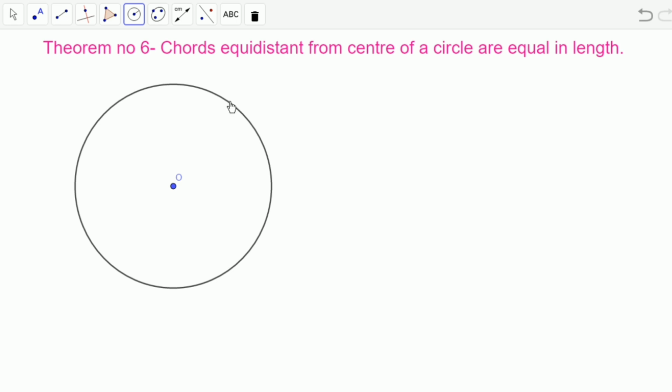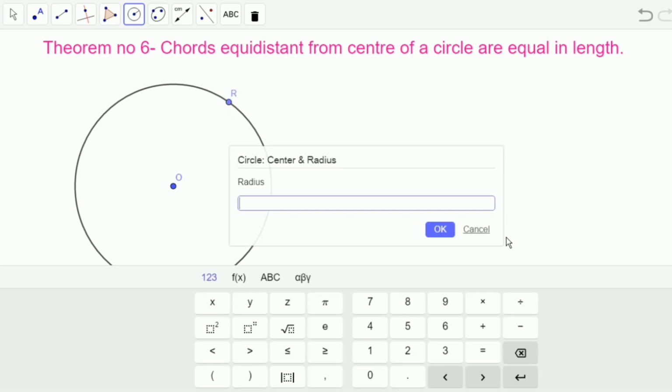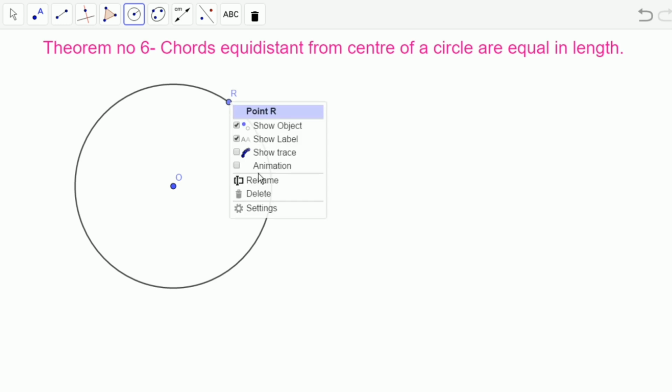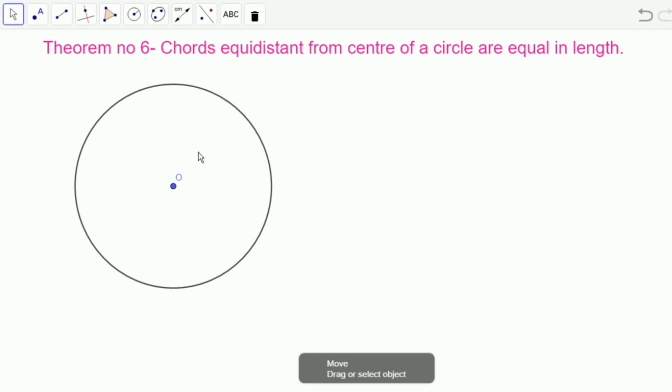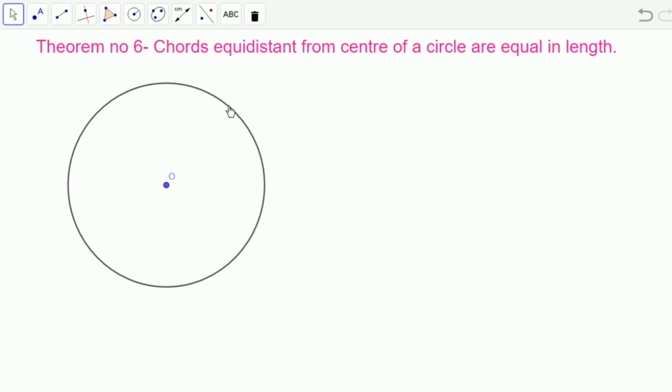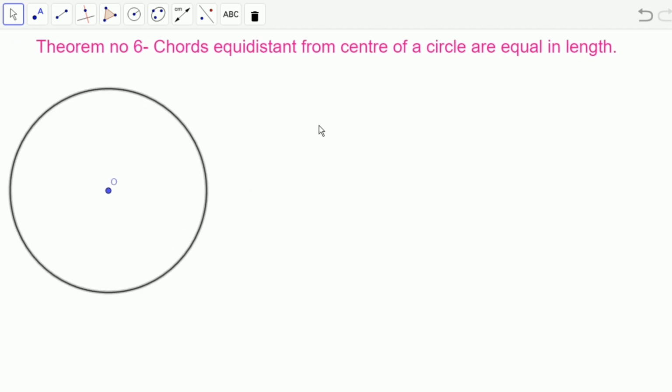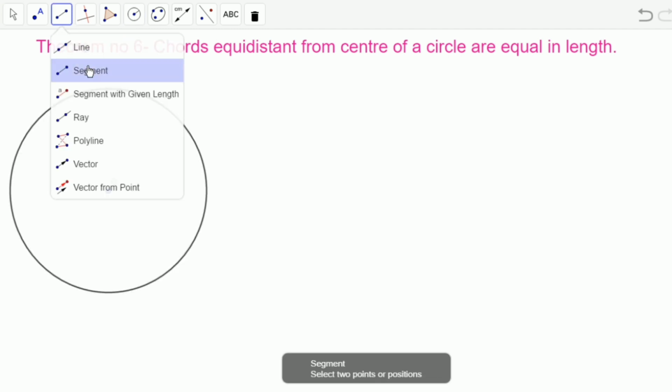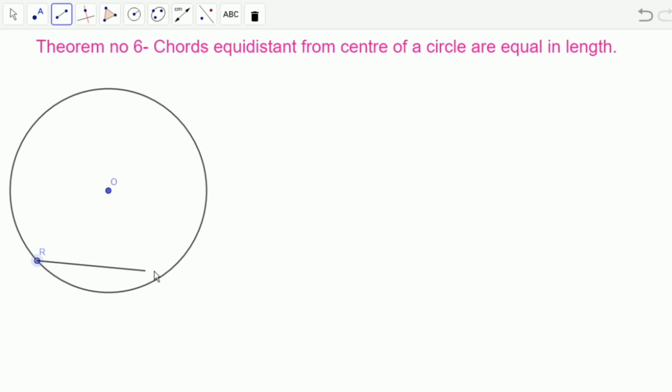Draw a circle. Let's move this circle a bit. Now let's draw two chords on the circle. This is one chord, this is the other chord.